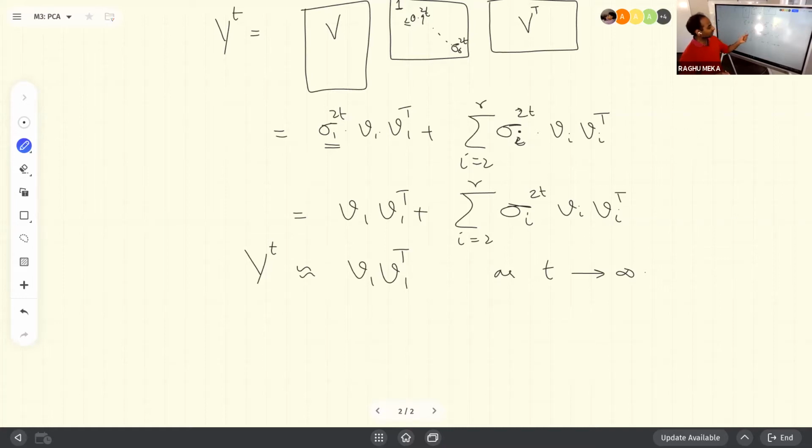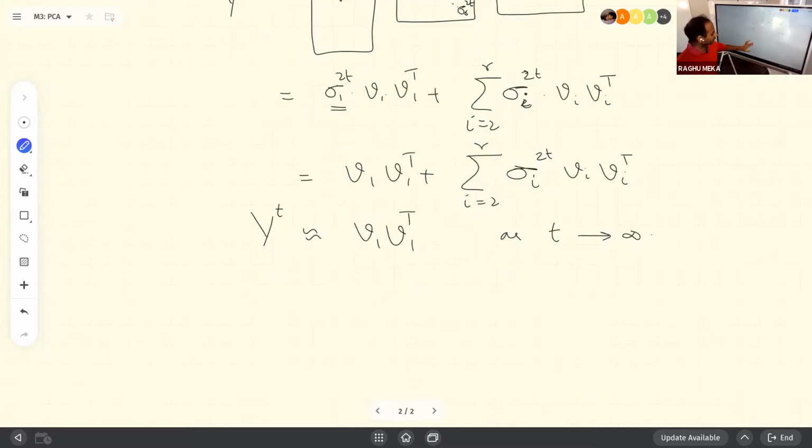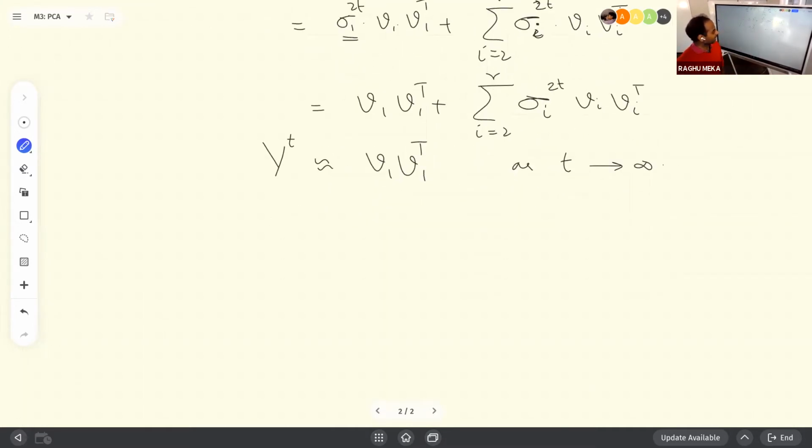So I don't know v1, but I can compute y to the t for large enough t, right? Let's say I do t equals 100 or t equals 500 even. I get some big matrix now. How can I extract the first singular vector from that? If it is v1 transpose, how can I compute the first singular vector? So here, what is the first column of v1 transpose?